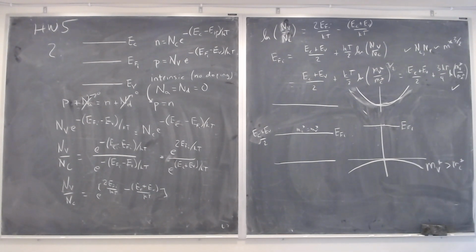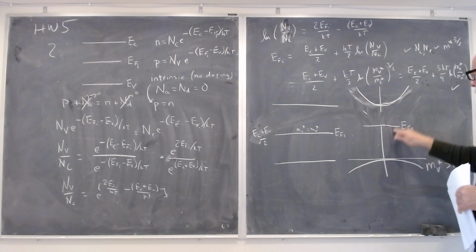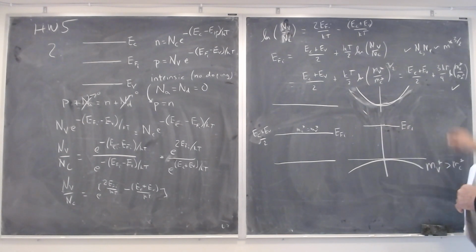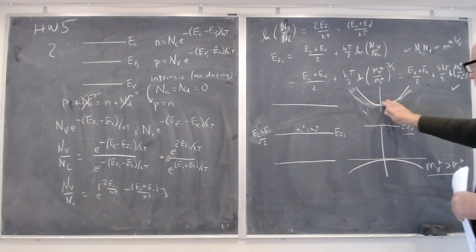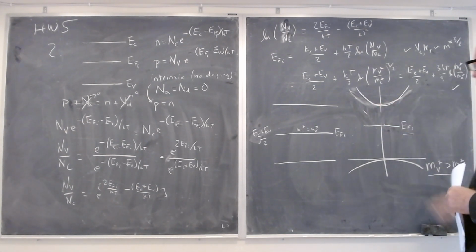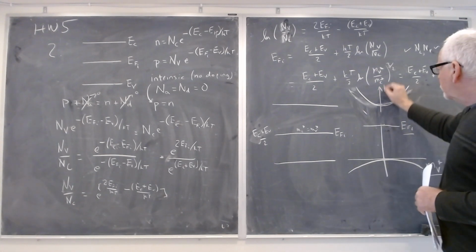Now, the fact that EFI is going up, if the valence band has a higher effective mass than the conduction band, really should be something you should be able to piece together sort of pictorially.